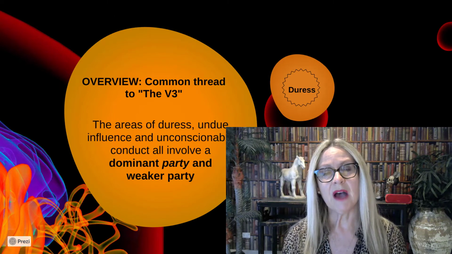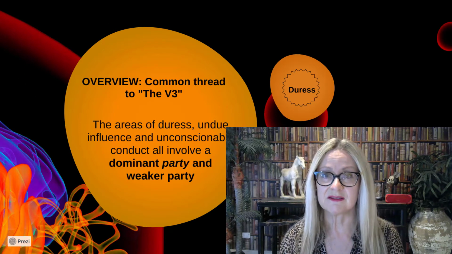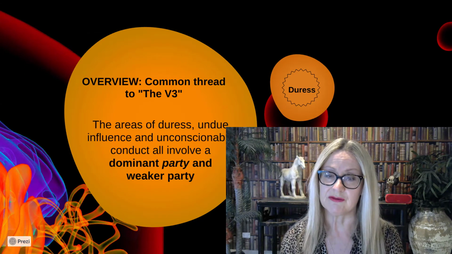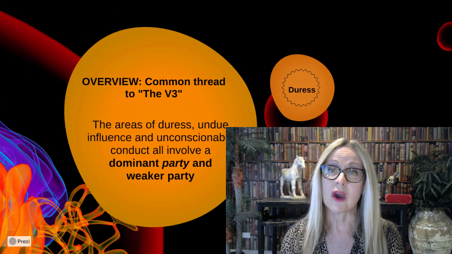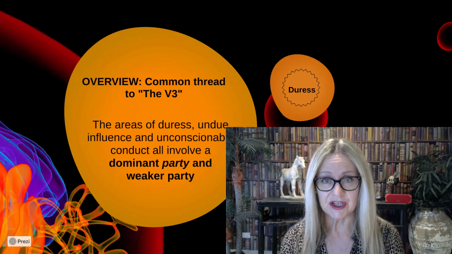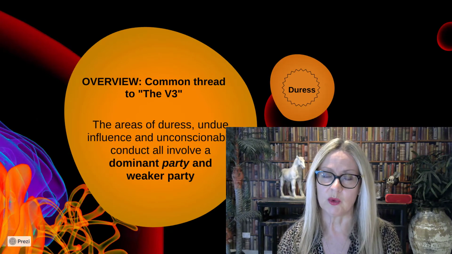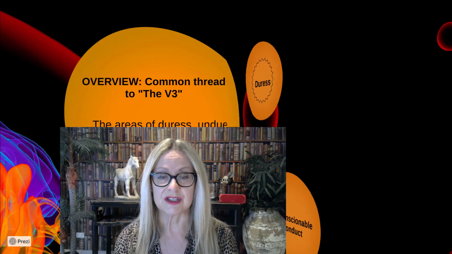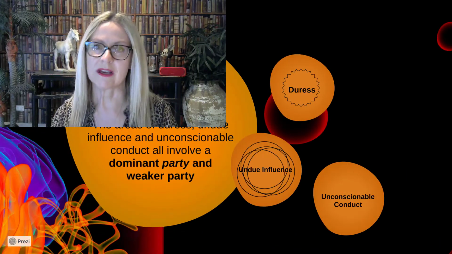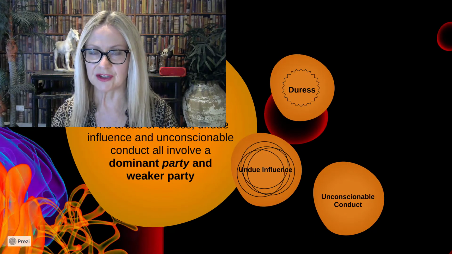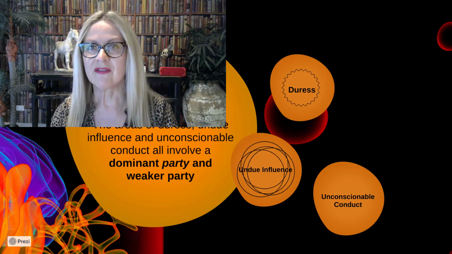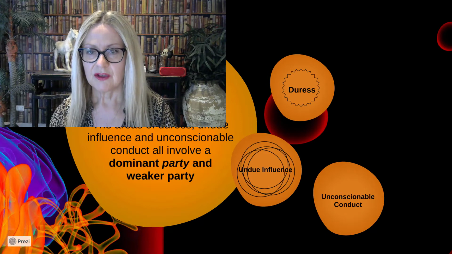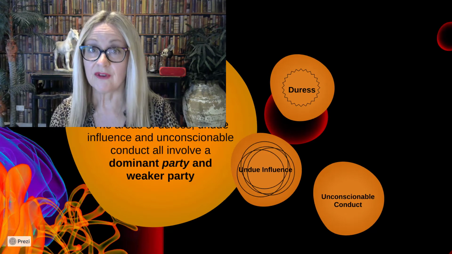And the dominant party will use their position of power or influence in some way to obtain a benefit, and the weaker party will provide the benefit. The main distinguishing point between these three causes of action is what the court focuses on when they are looking at the providing of the benefit by the weaker party.